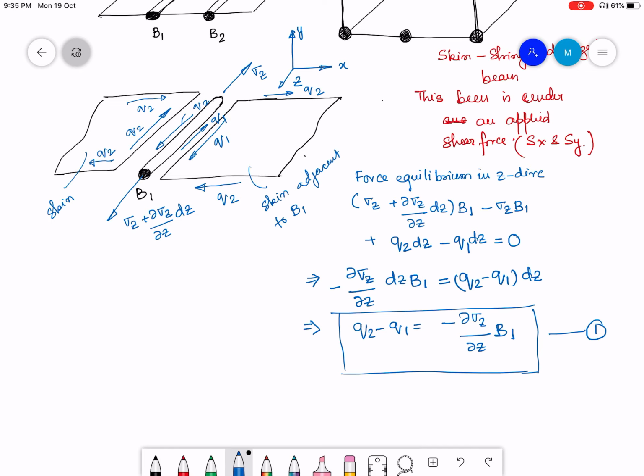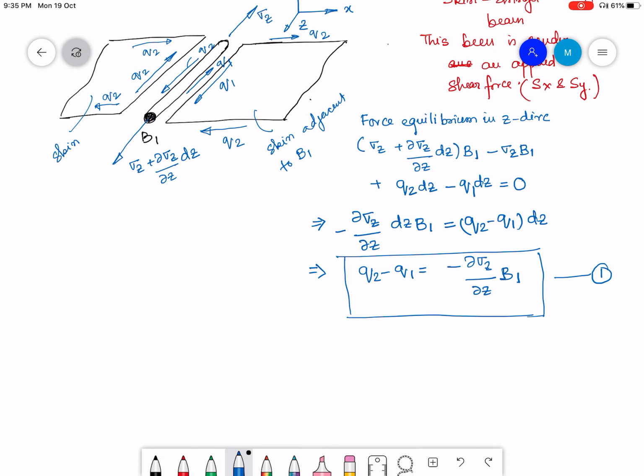Now, let me express sigma z in terms of the moment applied. Okay, so I know the expression of sigma z.